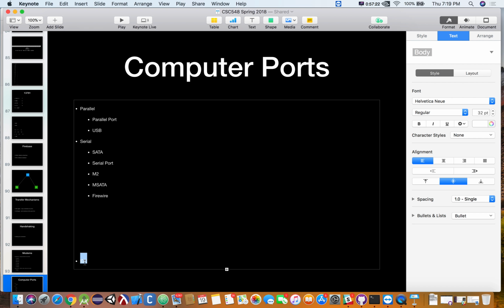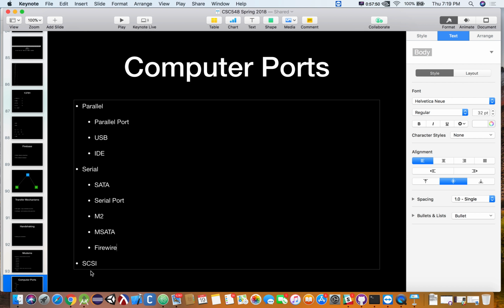IDE. IDE was used for hard drives. Serial ATA is used for hard drives. IDE came before serial ATA. Think this is parallel or serial? Parallel. What about SCSI?